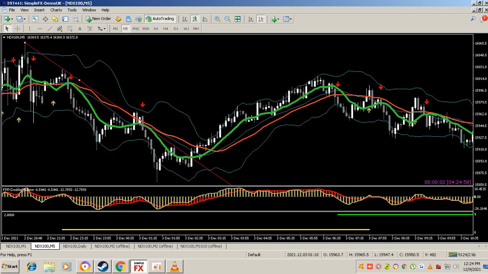Then this should be a sell trade. So another one, if we place it here, that's 1, 2. Around here should be a sell trade, but it should stop us out. And about here, 1, 2, 3, a sell trade would stop us out.